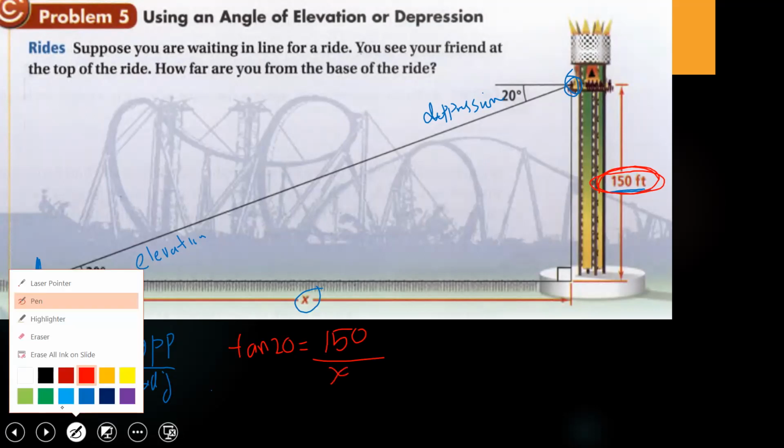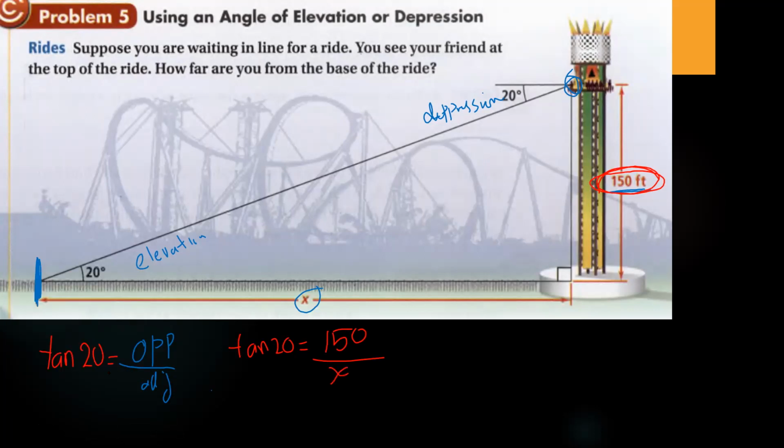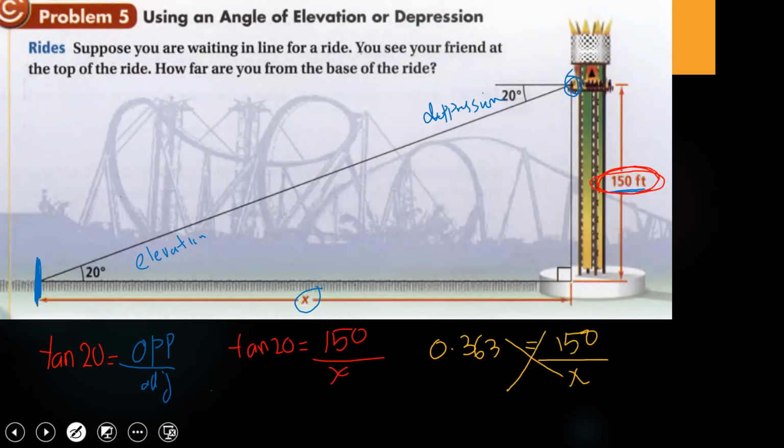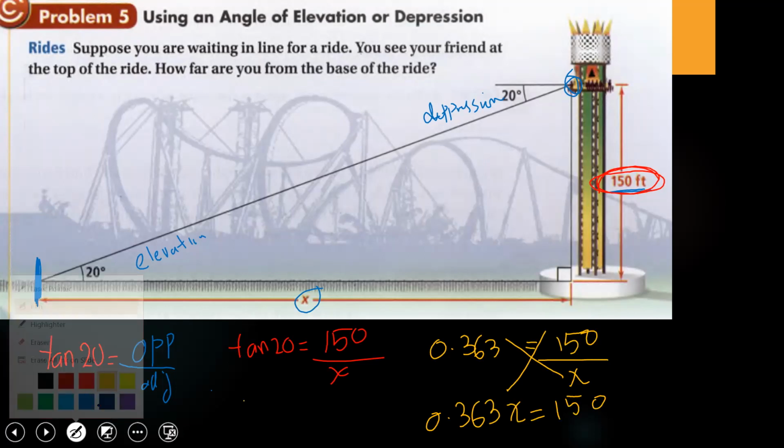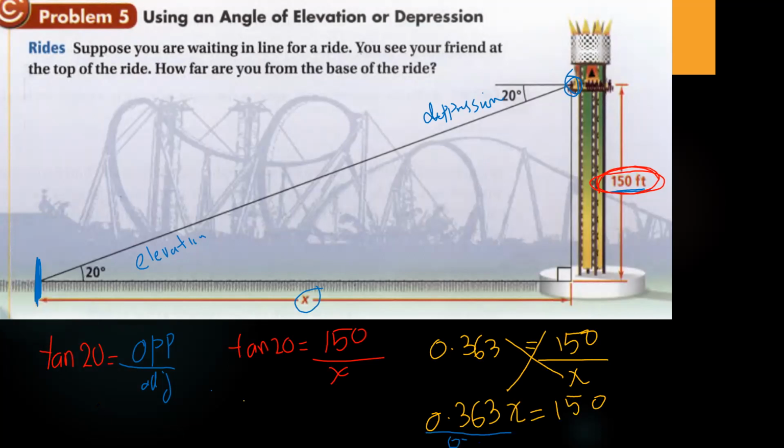So let's now find tan of 20, which is 0.363. So 0.363 equals 150 over x. Then by cross product, 0.363x equals 150. Divide by 0.363, divide by 0.363.